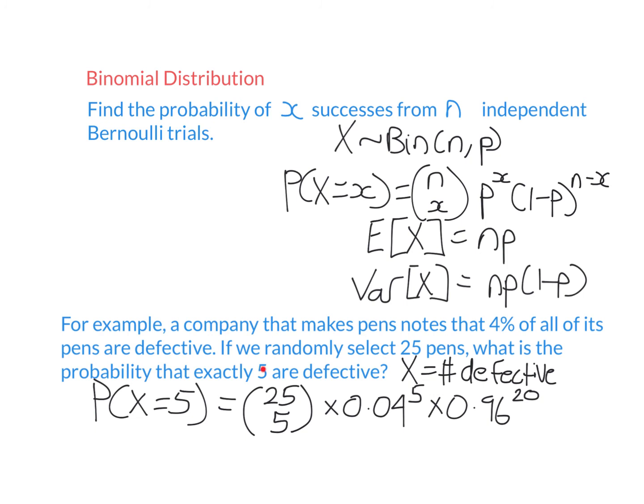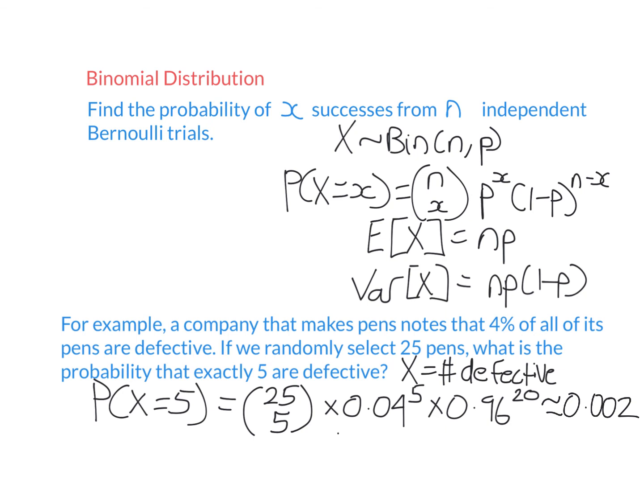I could get the defective pens on the 1st, 3rd, 10th, 16th, 22nd trials, for example. So the total number of ways I can pick 5 defective pens from 25 is this number here, and that's why we multiply at the start. Putting this in our calculator, we get about 0.002, so it's very unlikely to happen.